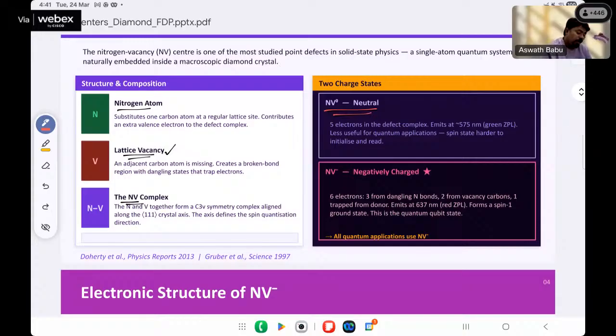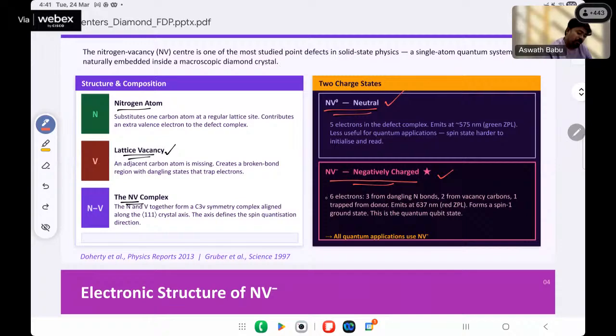It may sometimes have a negatively charged state. Depending on the electrons available around, it can acquire an electron and in that way form NV negative. So at a given point it may exist as NV0 or NV negative. That will lead us to realize a qubit out of it. How it is possible: there are 5 electrons in the defect complex in the NV0 case, and 6 electrons in NV negative.